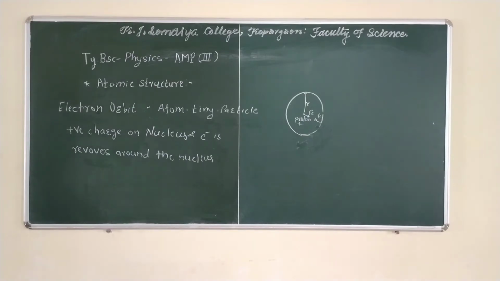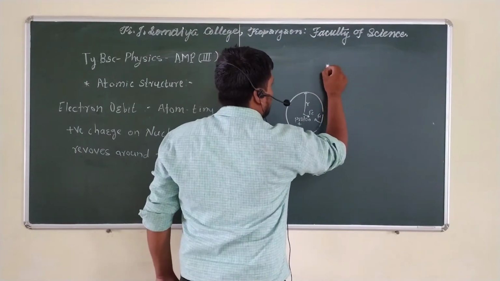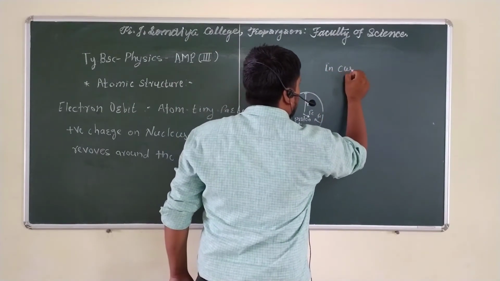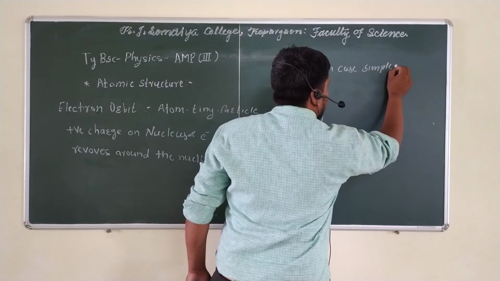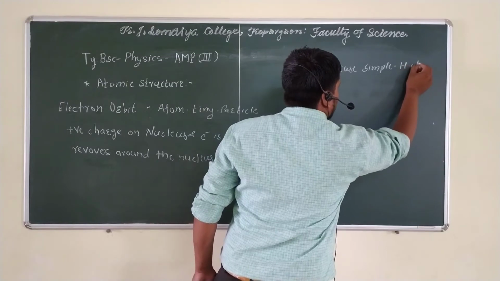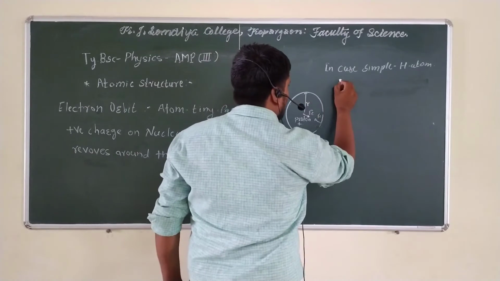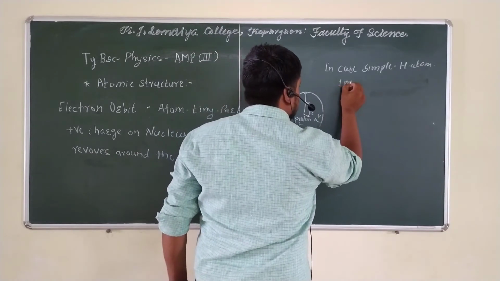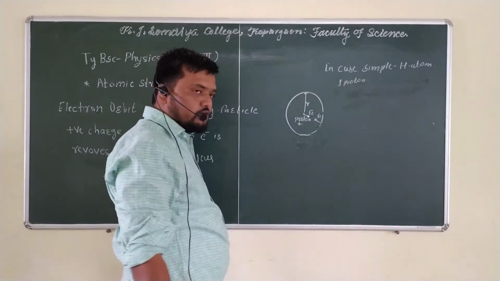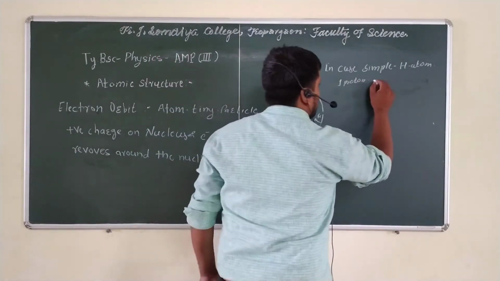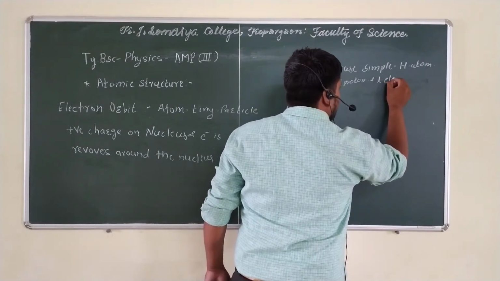Now consider the case of the simple hydrogen atom. In a hydrogen atom only one proton is there, which is a stationary nucleus, and one electron revolves around the nucleus.